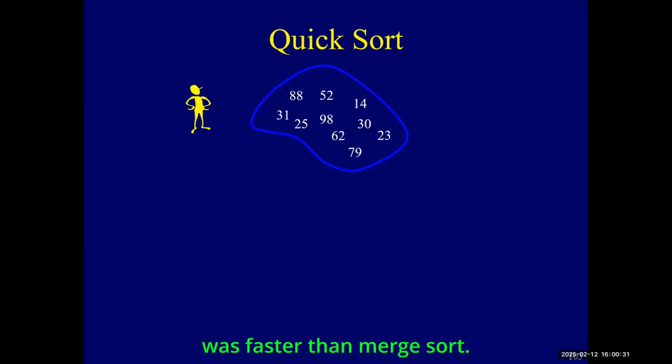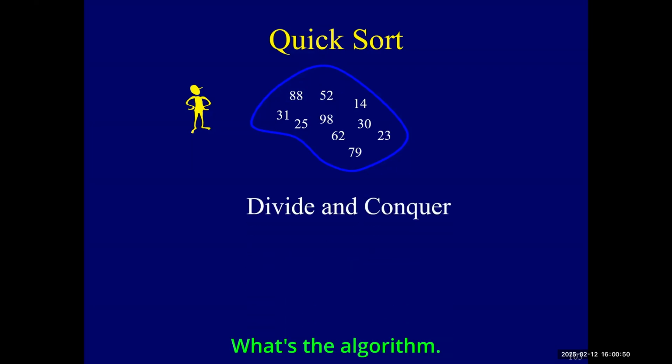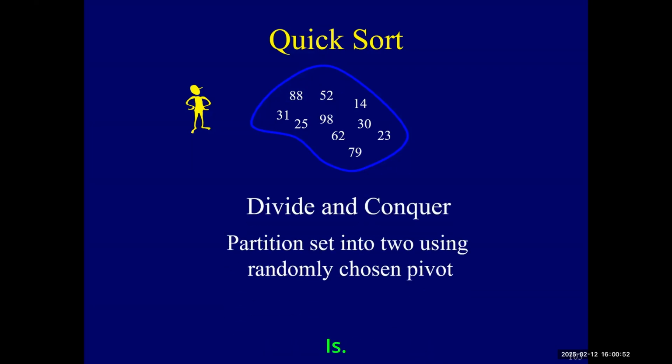The reason it was faster than merge sort is that merge sort requires you to copy the data out and then merge it back in, while quicksort does it all in place, just by swapping items quickly.